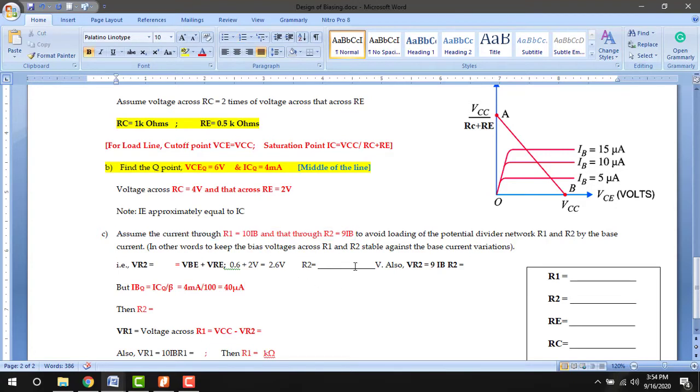Here, the voltage drop across R2 is equal to the current, 9 IB, times the resistance R2.